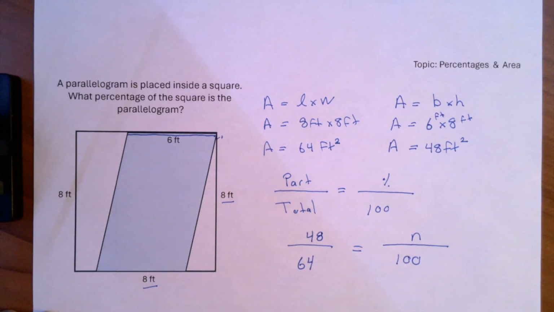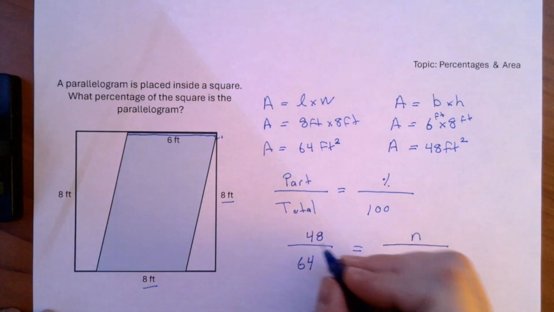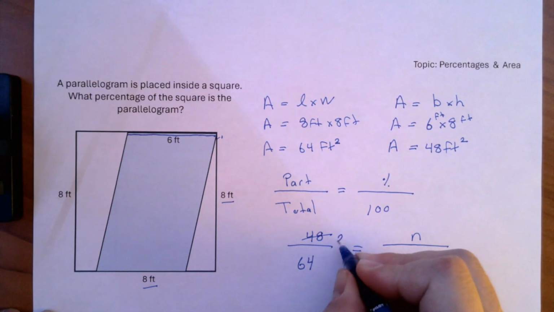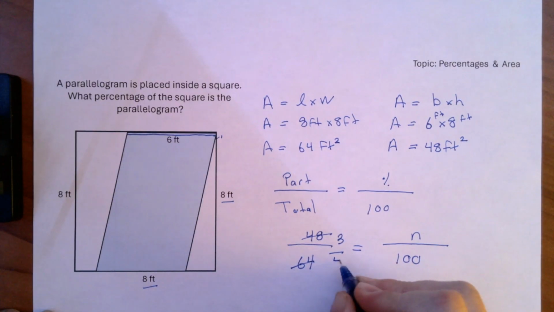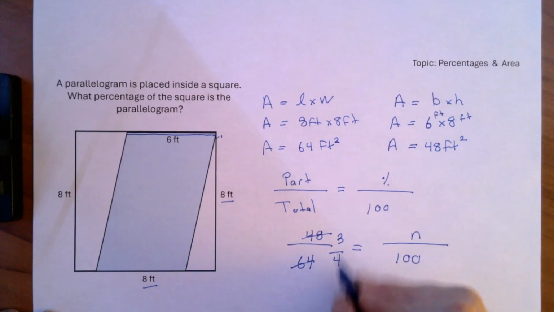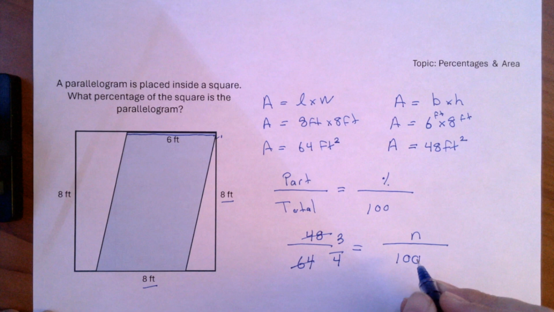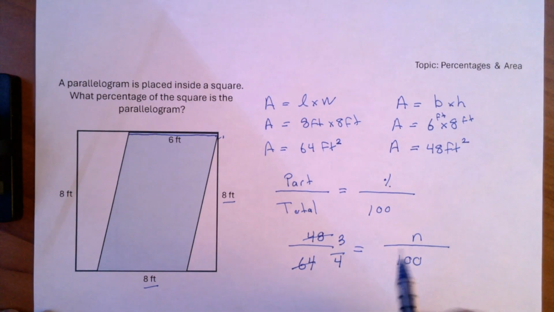Now, here's a little secret: anytime you can reduce a fraction, do that. I know, for example, that 16 can go into 48 3 times, and 16 can go into 64 4 times. So now we have 3/4 equals a number divided by 100. Because we have proportions, I know the cross products are equal.